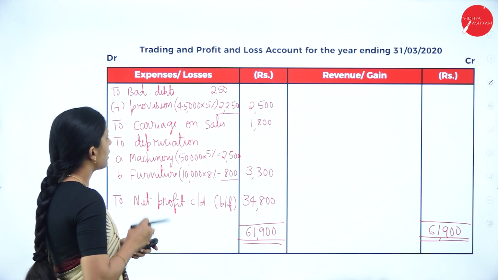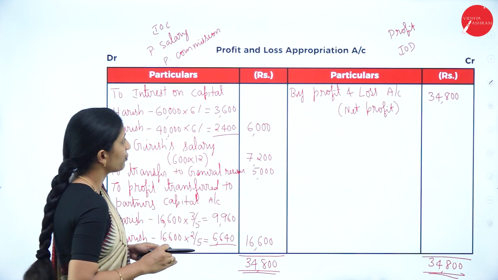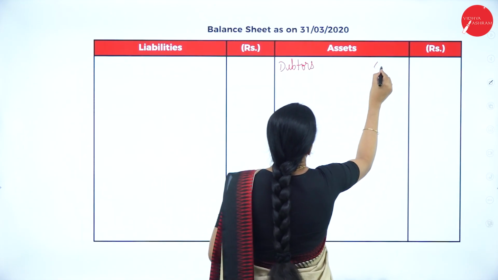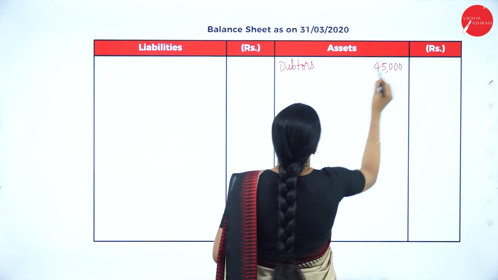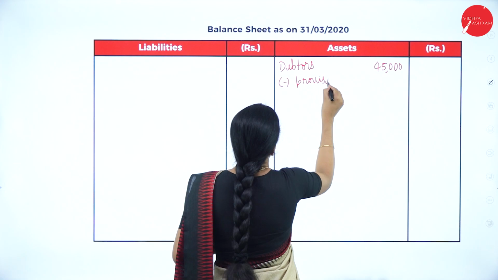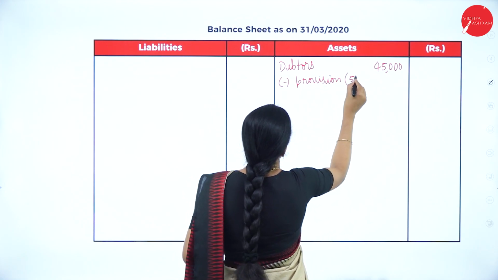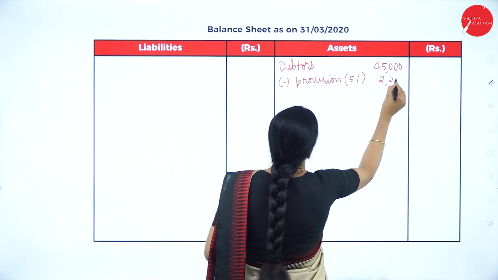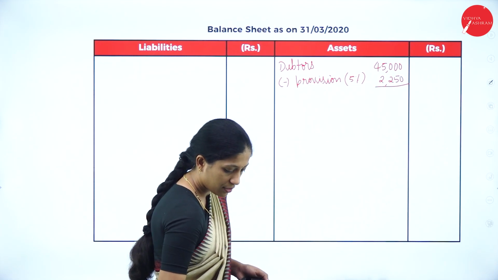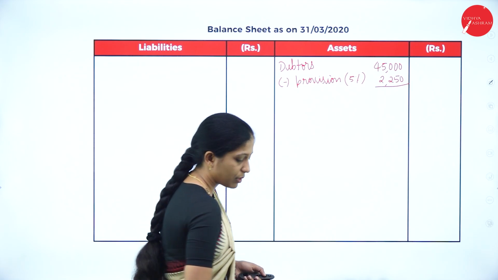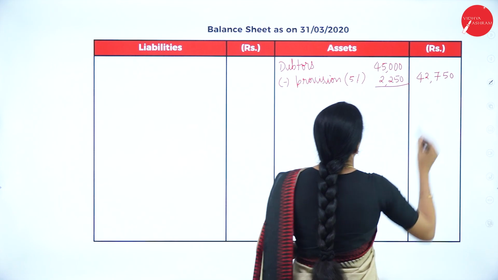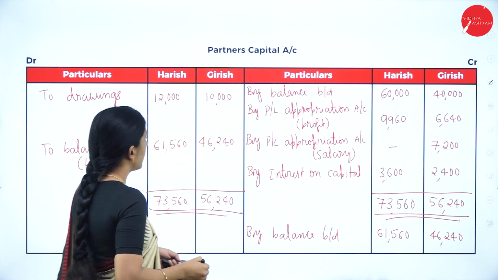So, debtors 45,000 minus provision of 5%, that is 2,250. So, outer column 45,000 minus 2,250. So, this will be 42,750. After debtors, let's see the next one.